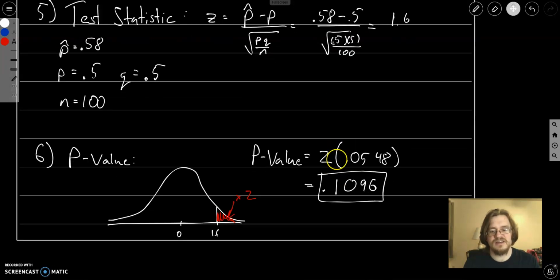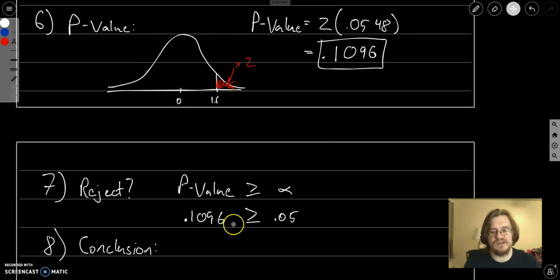So our p-value is bigger than 0.05. So this doesn't seem very unusual.